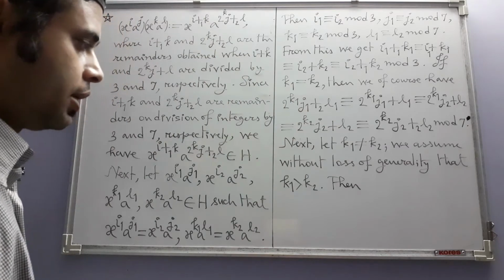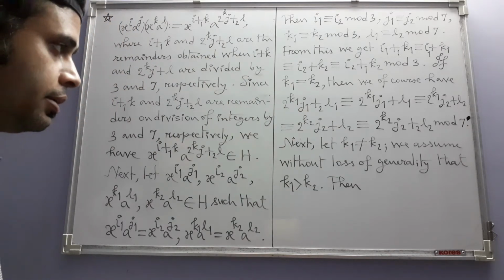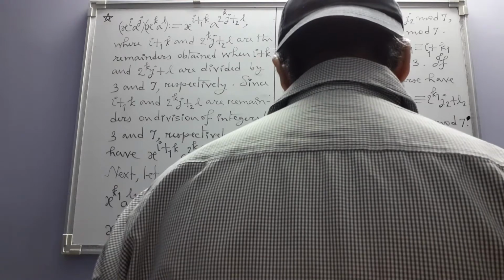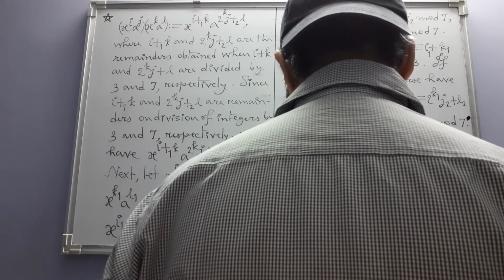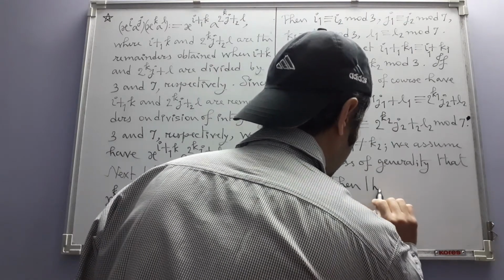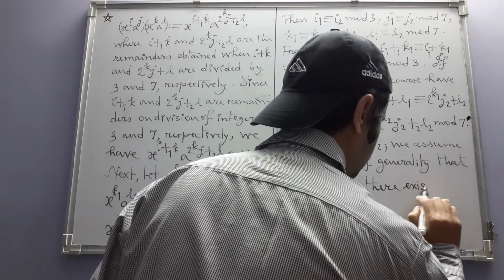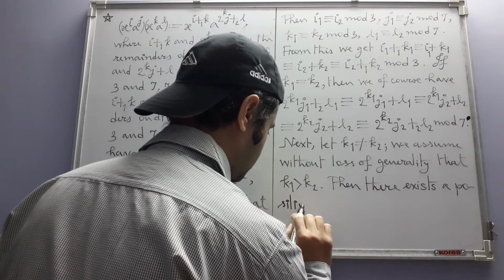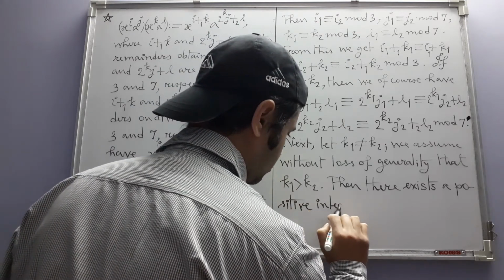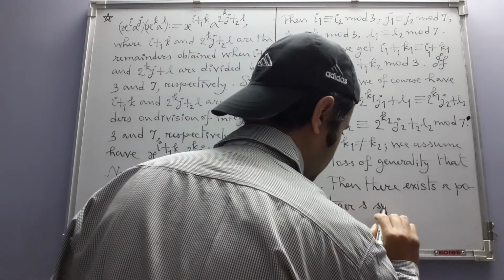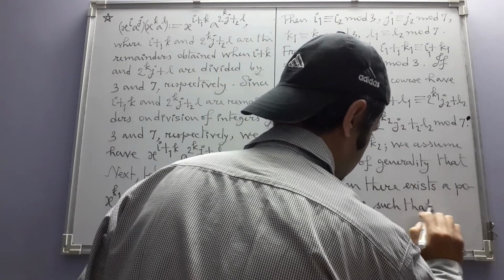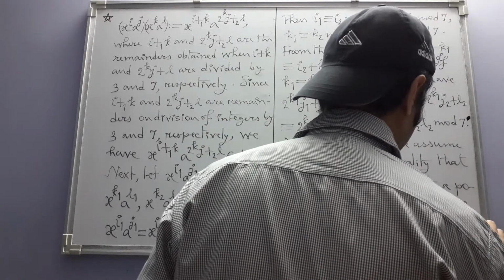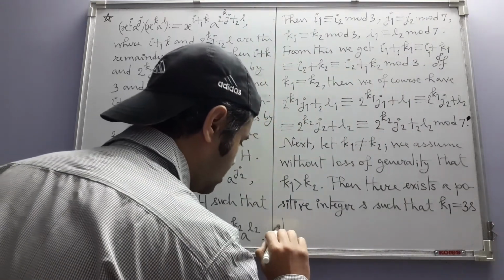Now if k1 is greater than k2, then there exists a positive integer s such that k1 is equal to 3s plus k2.